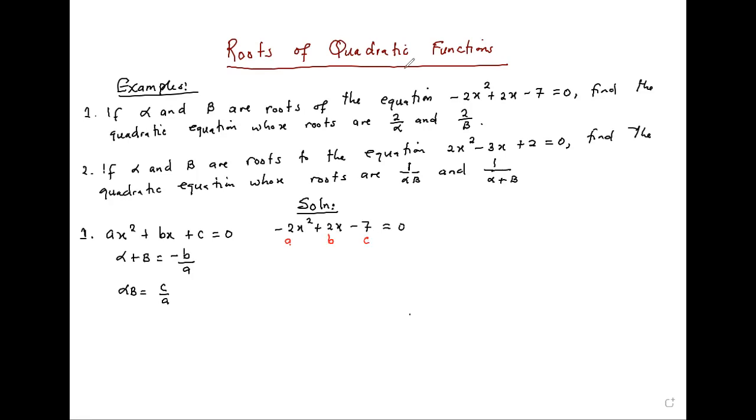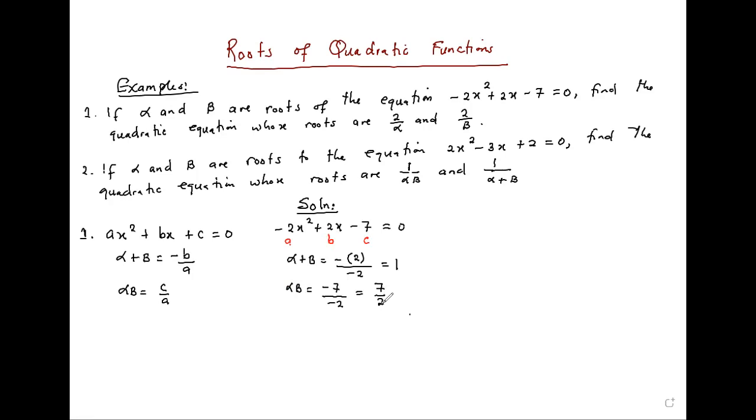So if we add alpha and beta, we will get negative b, which is 2, over -2, which is a, which is 1. If we multiply the roots, we'll get -7, which is c, over -2, which is a, giving us 7 over 2. This information is necessary.